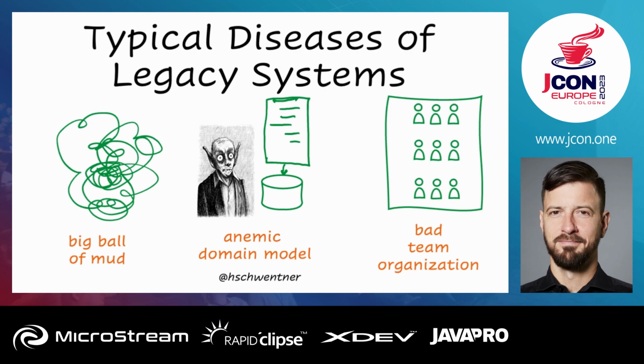And another disease is bad team organization. Team organization that doesn't fit the needs of modern software development, how we have it today. So those are typical diseases, and of course the most common case is that the system suffers from all of them. So we have a combination of these things.